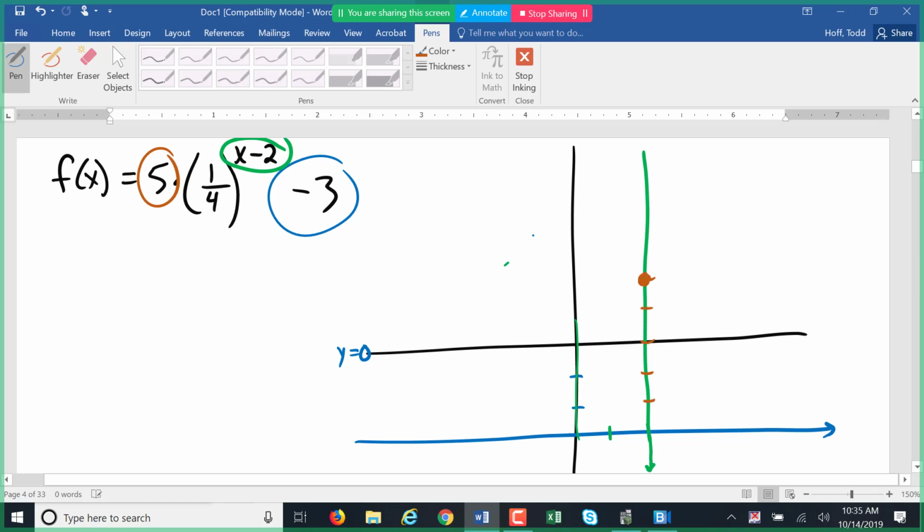Instead of crossing 1 unit above the asymptote, which is where we normally cross, we're going to cross 5 units above the asymptote. And finally, the 1/4. Since that is between 0 and 1, it means we tail to this direction, giving us a curve something like that.